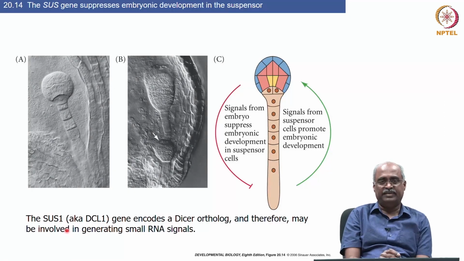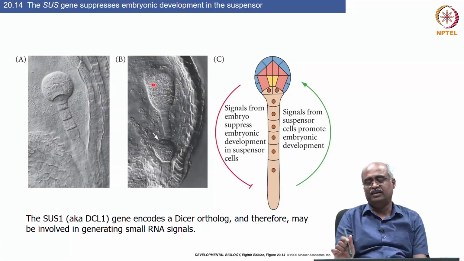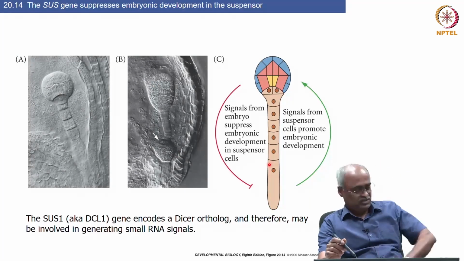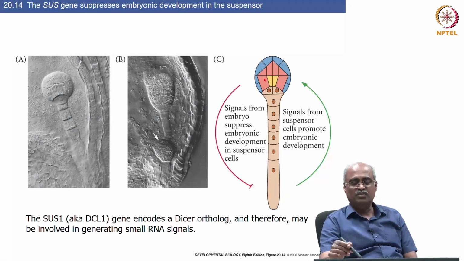Mutations in that protein result in embryo-like structures forming out of the suspensor cells, indicating that in the wild type, sus1 is important to prevent embryo-like development, which further indicates that suspensor cells have the ability to form embryo. Based on this and other mutant studies, the current model of how the embryo suspensor polarity is maintained is explained in this model. You have signals coming from the embryo telling the suspensor not to form embryo.